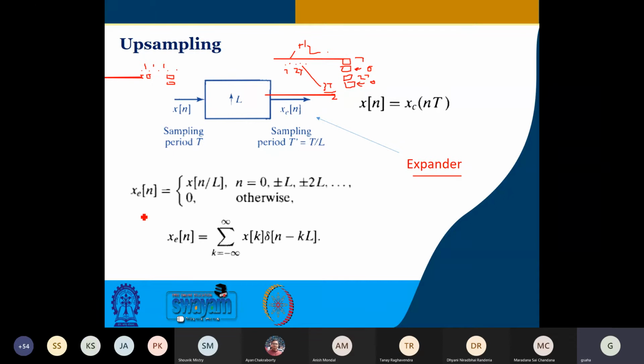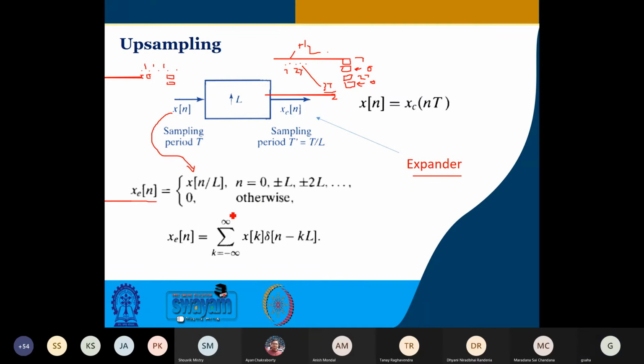So the expanded signal x_e[n] is x[n/L] at n equal to 0, plus minus L, plus minus 2L. What does it mean? This will become x0, this will become x1, x2, x3, which are already available from the earlier sampled signal.